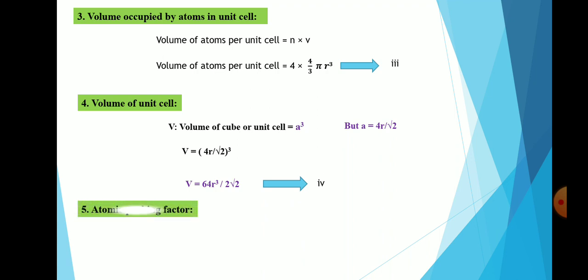Now the last part, we have to find out the atomic packing factor in FCC, and the formula is: atomic packing factor is equal to the volume occupied by atoms in the unit cell divided by the volume of the unit cell.